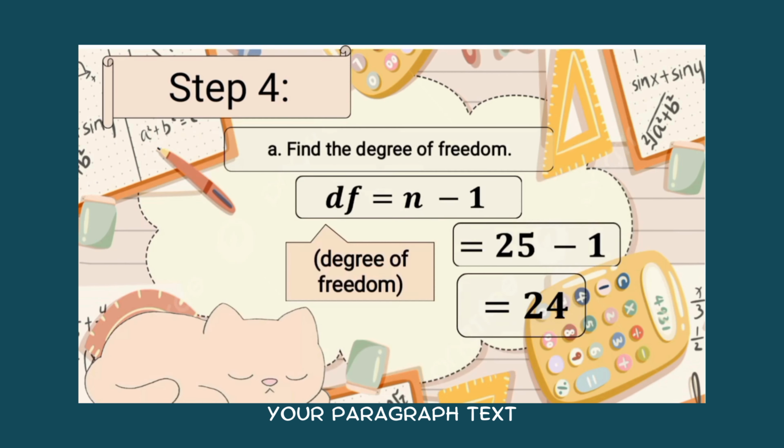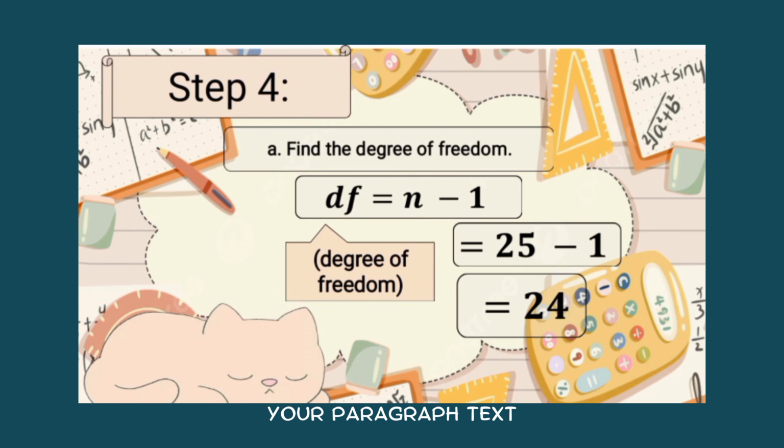And now, let's have our step 4. First, we're going to find the degree of freedom. To find the degree of freedom, we are going to use the formula df is equal to n minus 1. So, n is equivalent to 25, which is the sample size, minus 1 is equal to 24.